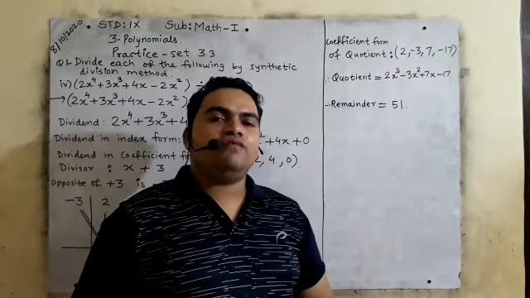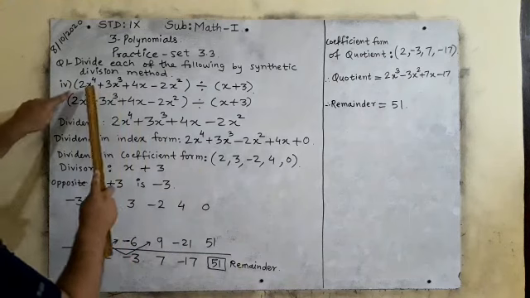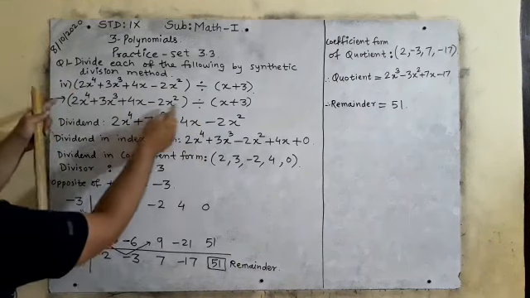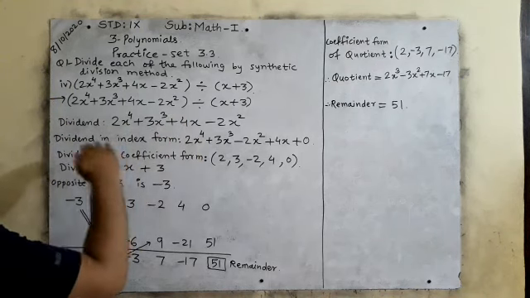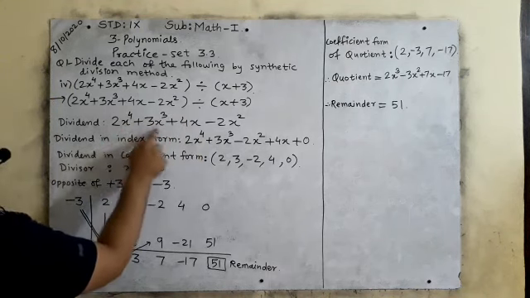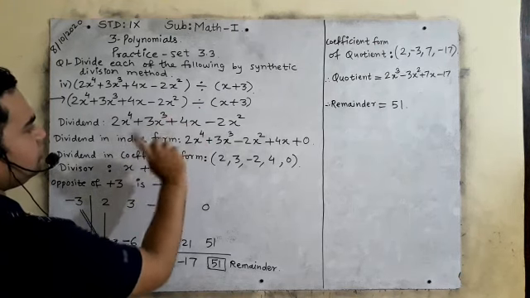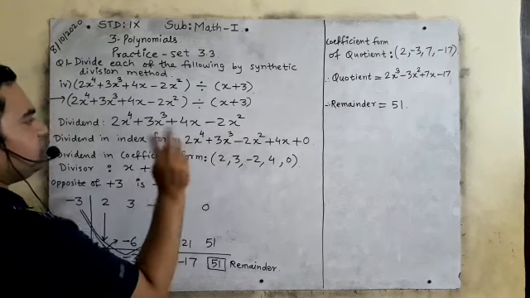So dear students, now we will see question number 4. Please look at the board. See, question we will write as it is first. Dividend, the bigger one is dividend, we will write, and we will check whether it is in the standard form or the index form. Something is wrong.